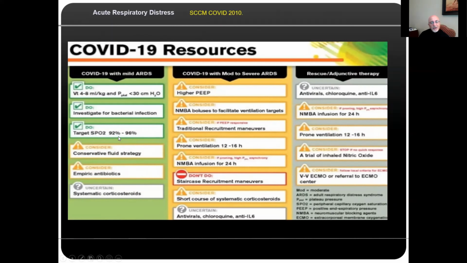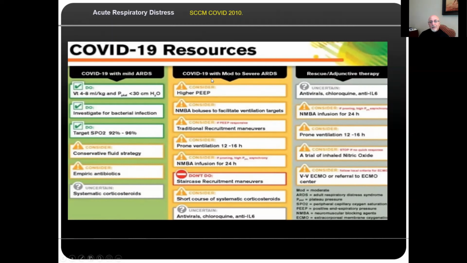Target the O2 sats to 92 to 96. Use conservative fluid strategy, as we've discussed. Empiric antibiotics may be initiated, and we're generally uncertain about the use of systemic corticosteroids in mild ARDS.